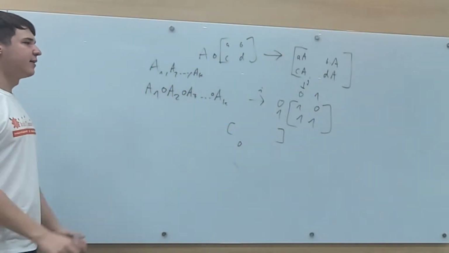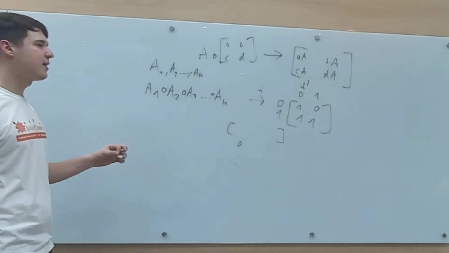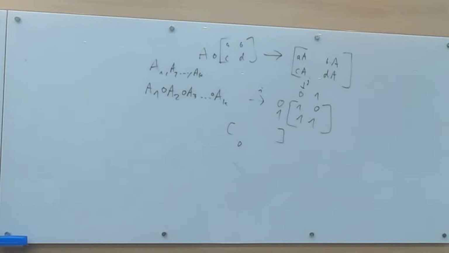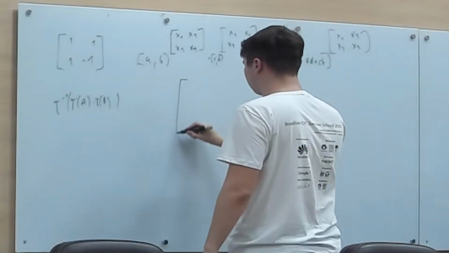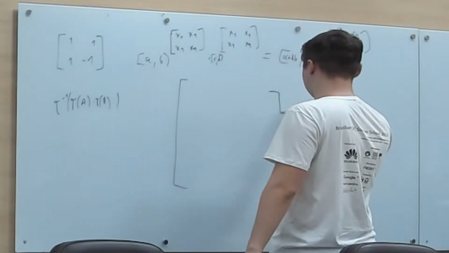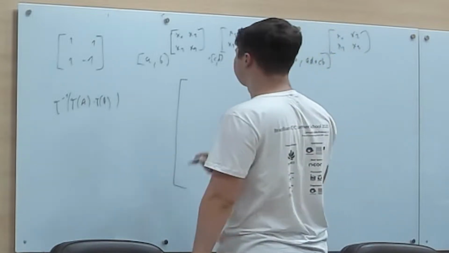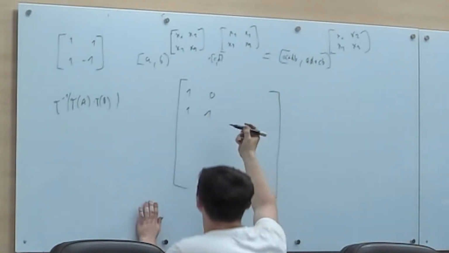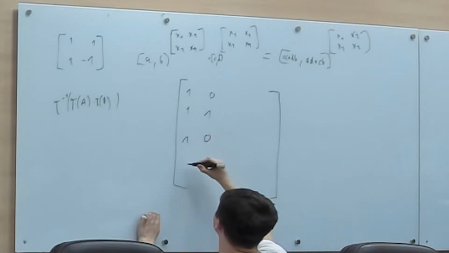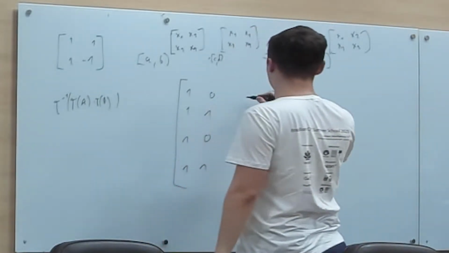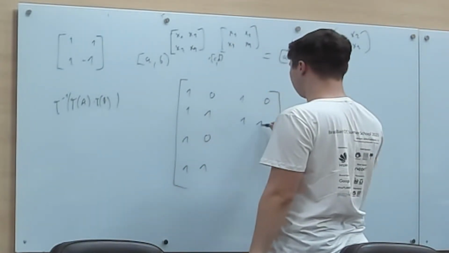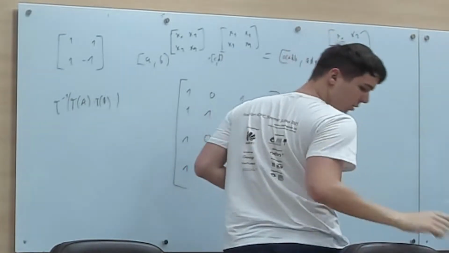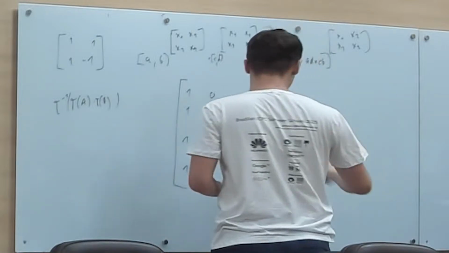Now think about what happens when we take a Kronecker product of this matrix with itself. So we get 1, 0, 1, 1, and so on. Here we get only zeros.